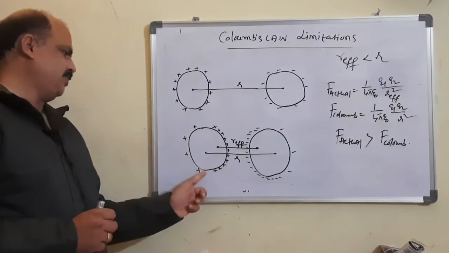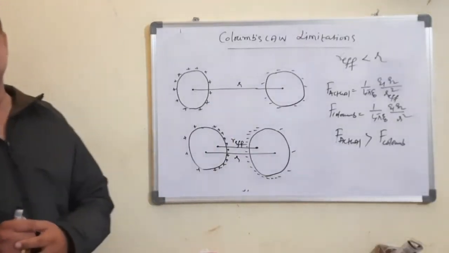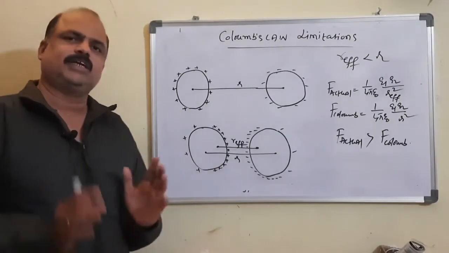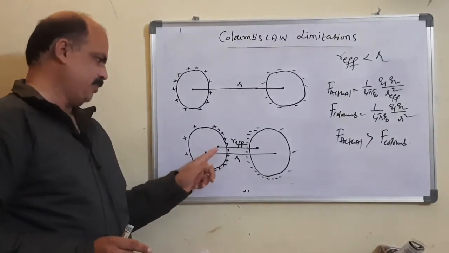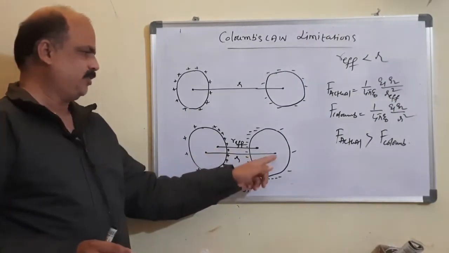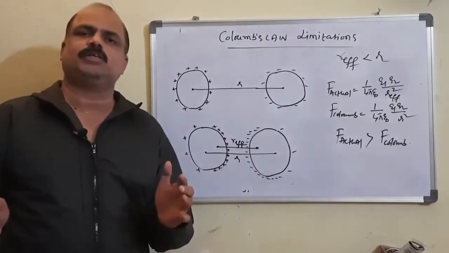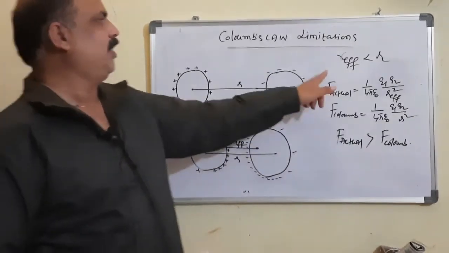Less charge is concentrated at the left and right surfaces. Due to that, the centers of these charges get displaced from this point to this point, and from this point to this point. That means the effective separation between these two charged spheres decreases. R effective is less than r.